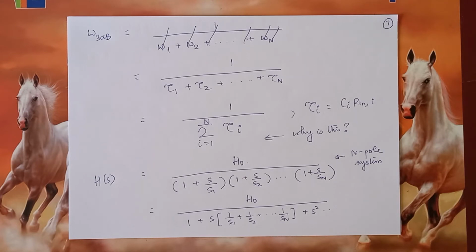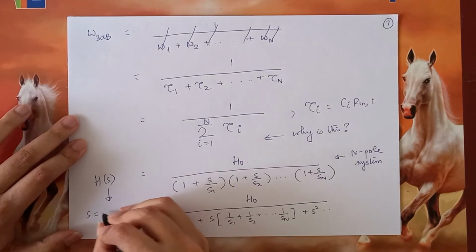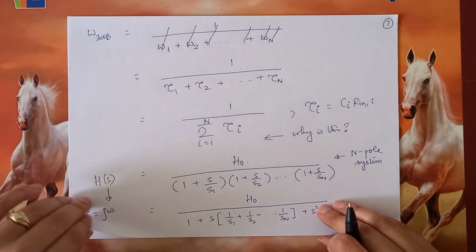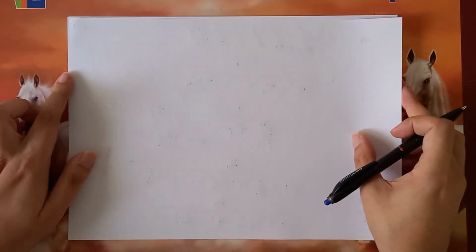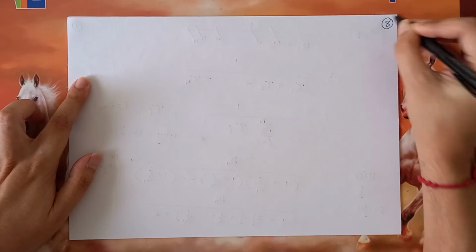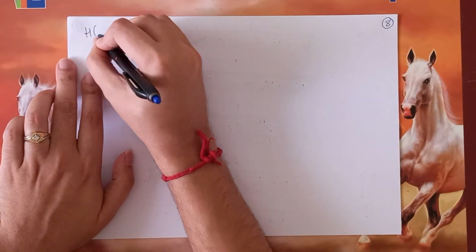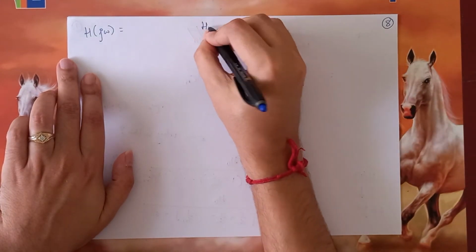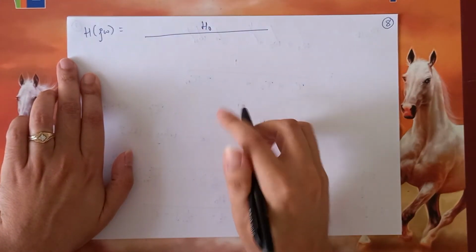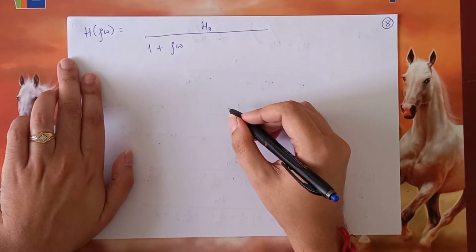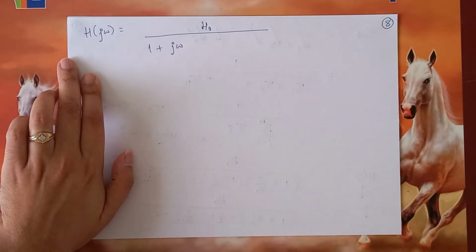So once we replace S by j omega, what will happen? H of j omega will be H0 divided by 1 plus j omega times the whole sum from 1 by S1 to 1 by Sn.